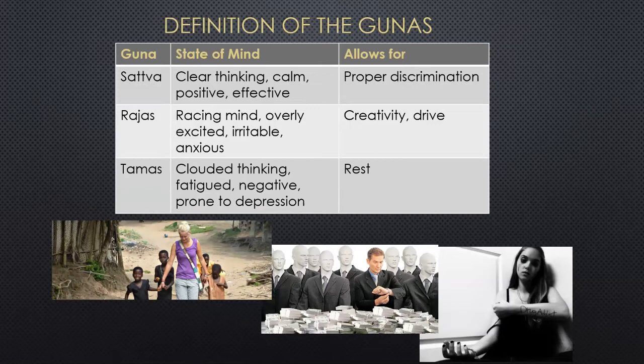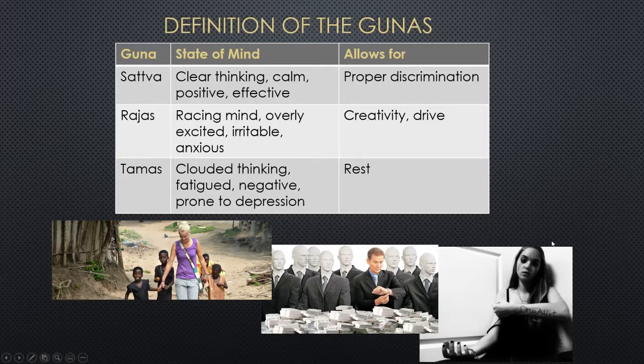And the mode of ignorance, or tamas, is described by being cloudy thinking, or somebody being fatigued, negative, prone to depression. And these three also allow for different things, such as sattva, or goodness, allows for proper discrimination, rajas for creativity or drive, and tamas for rest.